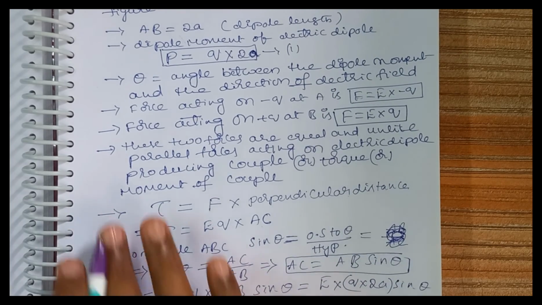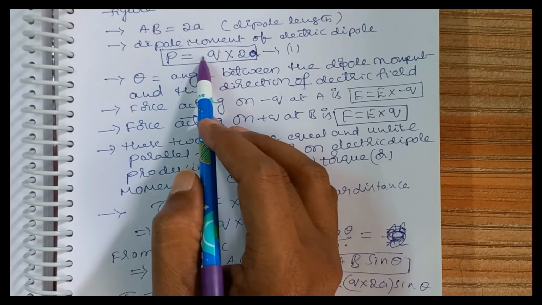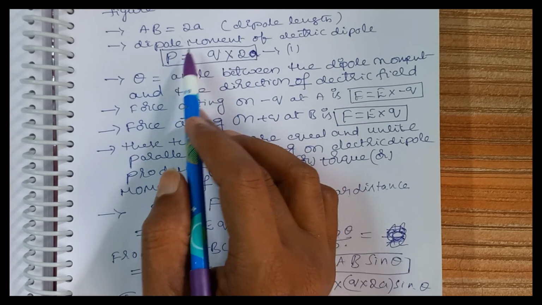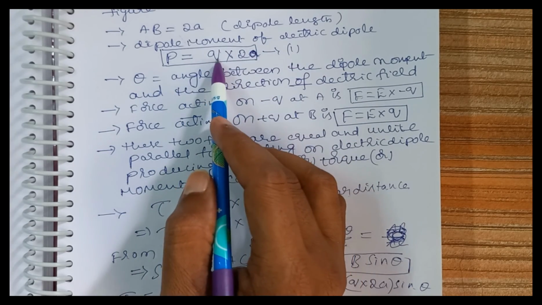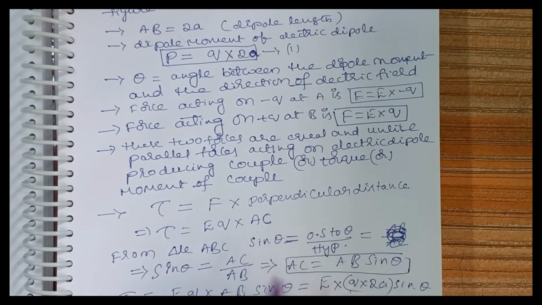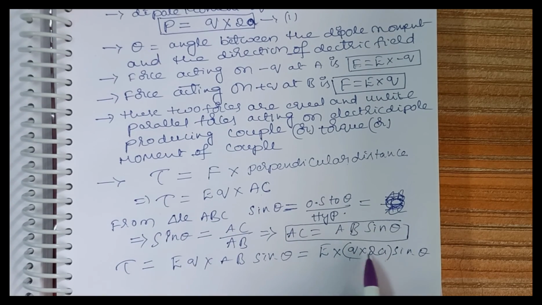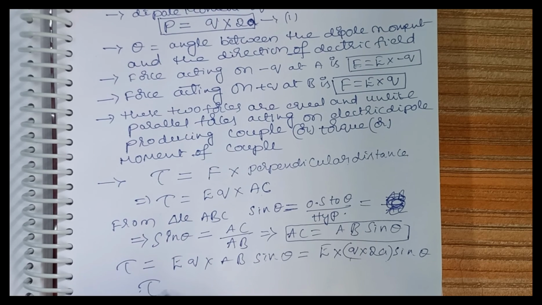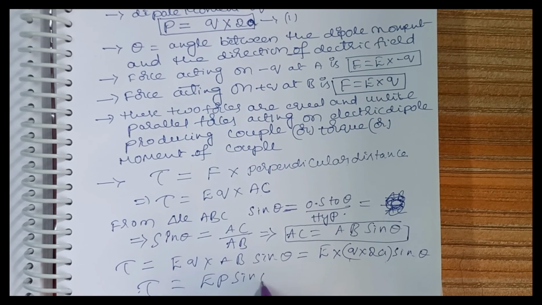But you know Q into 2A means the dipole moment of the electric dipole. Q into 2A you can write as P. So tau is equal to EP sine theta, which is equal to PE sine theta.